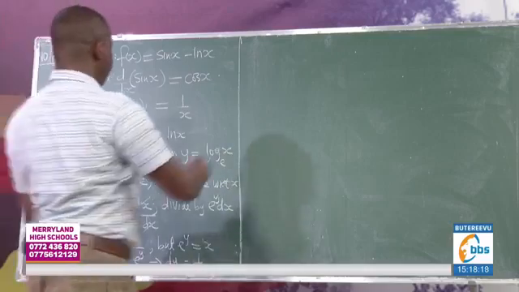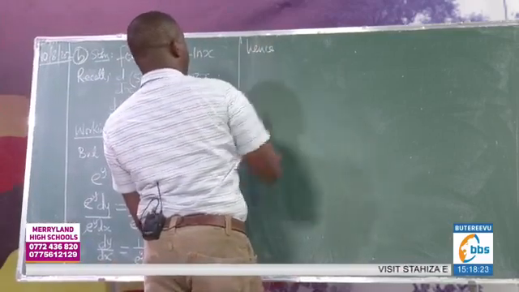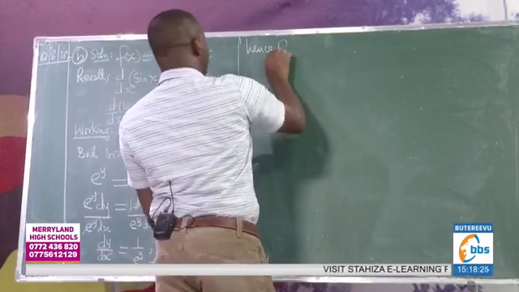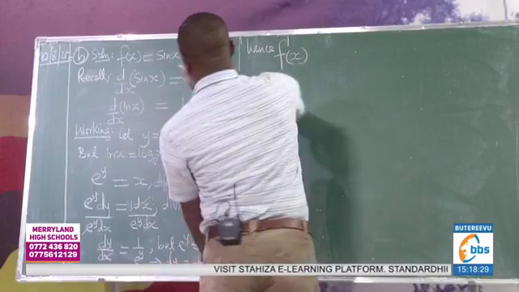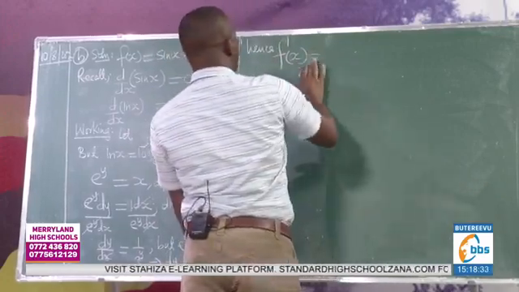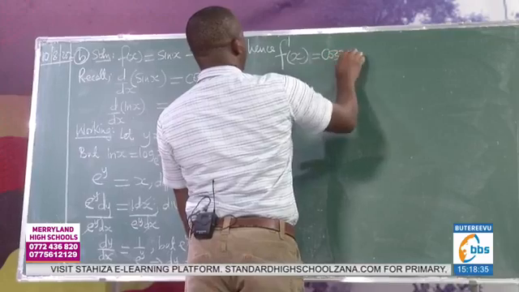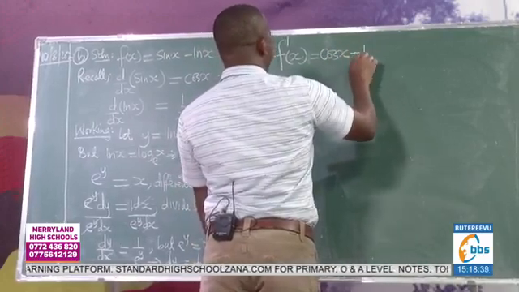Now I can proceed and differentiate. I can now confidently say, hence, my f dash of x is, when I differentiate sine, we said we get cos. So I will get cos of x minus 1 over x.